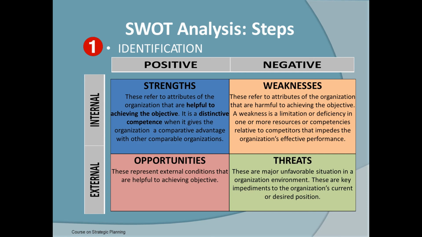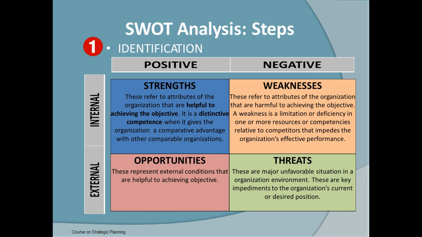Strengths and opportunities are positive attributes that the organization can utilize, and weaknesses and threats are negative attributes that the company should address. So strengths refer to attributes of the organization that are helpful to achieving the objective. It is a distinctive competence when it gives the organization a comparative advantage over other comparable organizations.